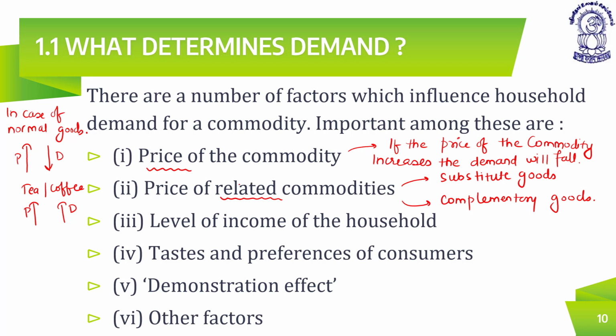This is price of related commodities in case of substituted goods. And vice versa. Supposingly the price of tea will fall, the demand for tea will increase, and so the demand for coffee will fall. Have you understood till over here?